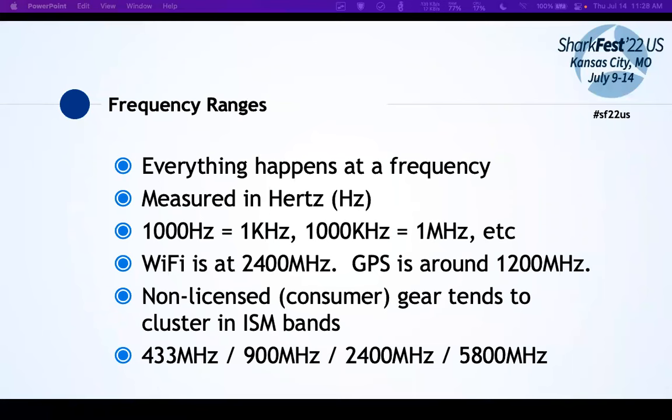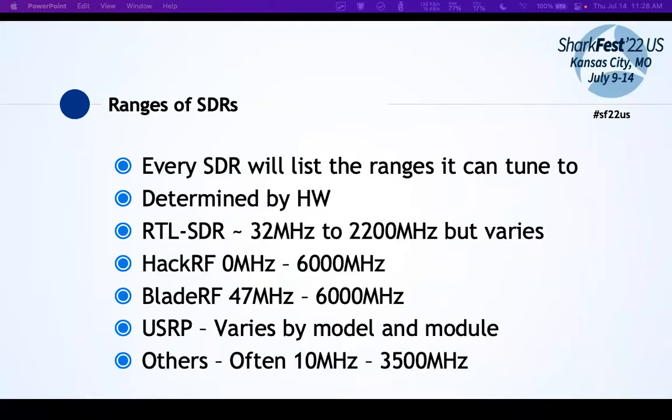In the US, they're 433, 900, 2,400, 5,800, and you might recognize a bunch of those numbers from baby monitors and key fobs and Wi-Fi cards. It's because the restrictions for transmitting in those are much lower. The gear has to pass the licensing check, but after that, anyone can buy it and run it. So you tend to find a lot of things in those bands, and a lot of SDR hardware that can monitor those bands because people are interested in what's on them.